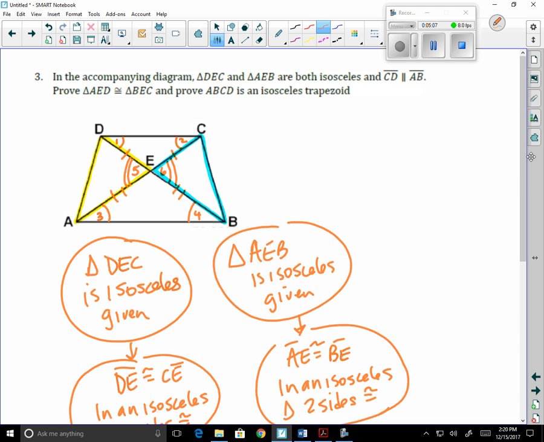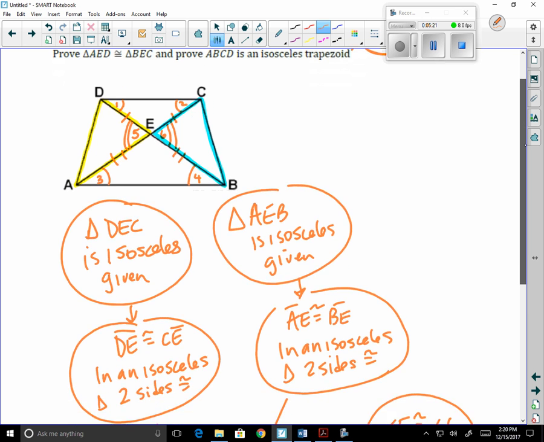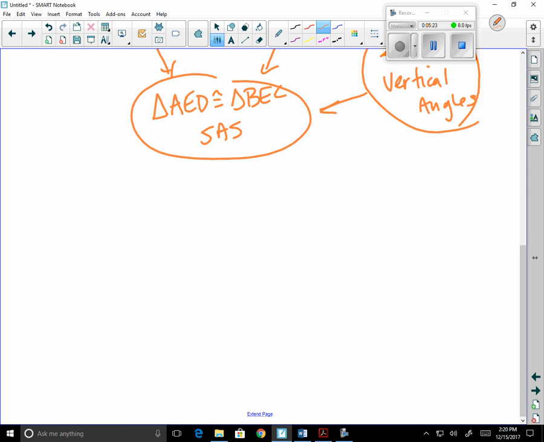Now, here's the problem, and here's the main difference between this proof and the one we did in class. Nowhere in the given does it tell us that this is a trapezoid. So I have to say that, and this is what tells us it's a trapezoid. So right down here, I'm going to say CD is parallel to AB. That's given.